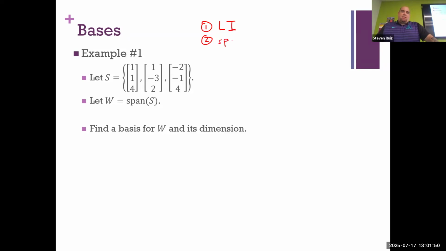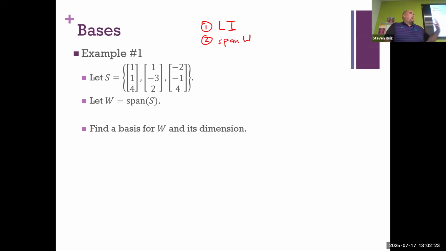But it also has to span W. If I just wanted to make this linearly independent, I could just replace this by three vectors that I knew were linearly independent, call it done. But I have to make sure that it generates the vectors that I promise you it's going to generate. So knowing that those are the two conditions I have to meet, what are we doing with these three vectors?